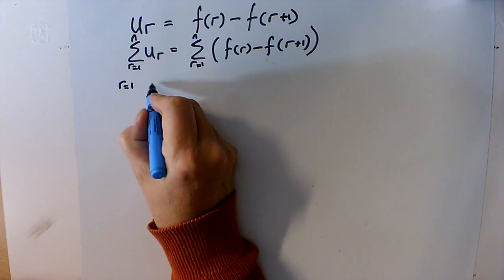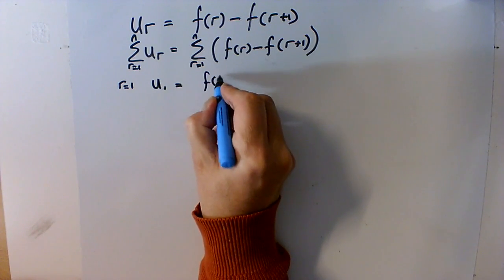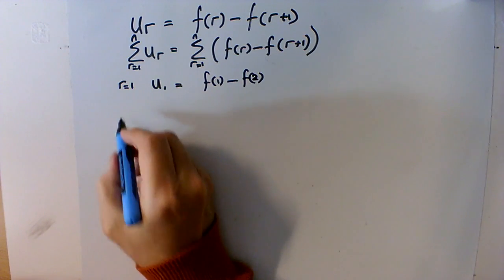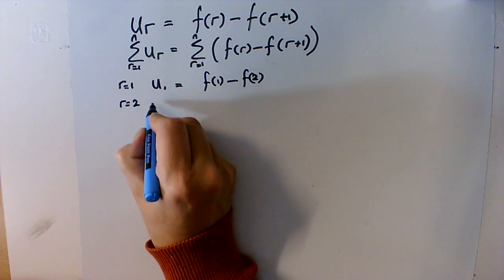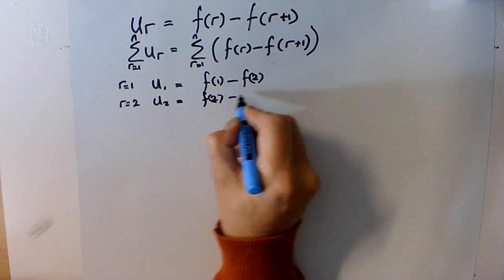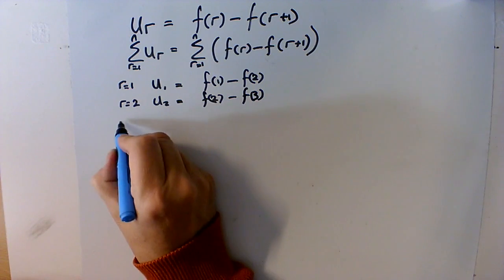When r equals 1, u1 equals f of 1 minus f of 2. When r equals 2, u2 equals f of 2 minus f of 3, and so on.